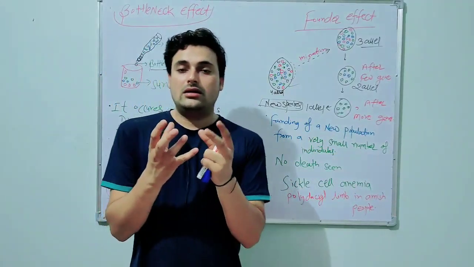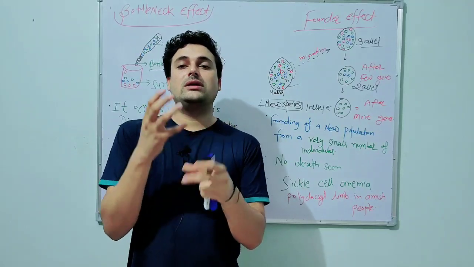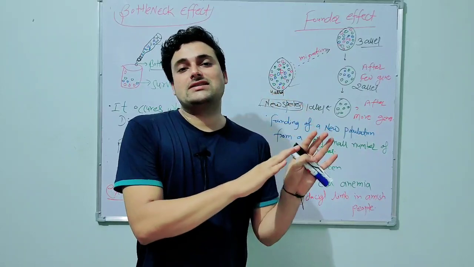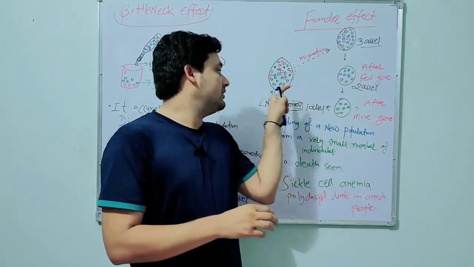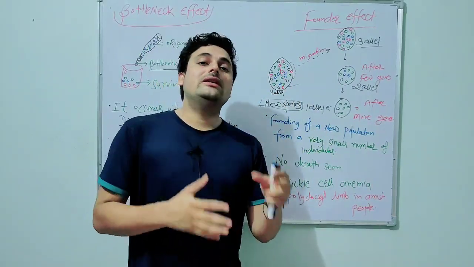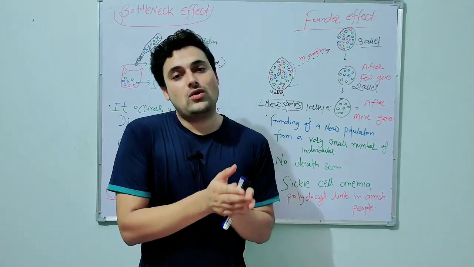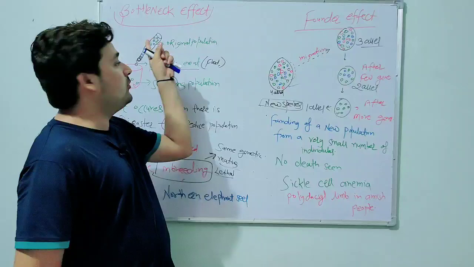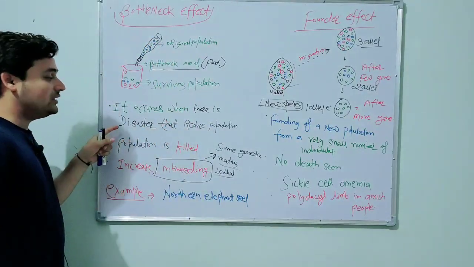A very small number of individuals migrate from their original colony and become isolated, they do not interact with the original population, so it creates genetic loss. No death is seen, while in the bottleneck effect natural death is happening.